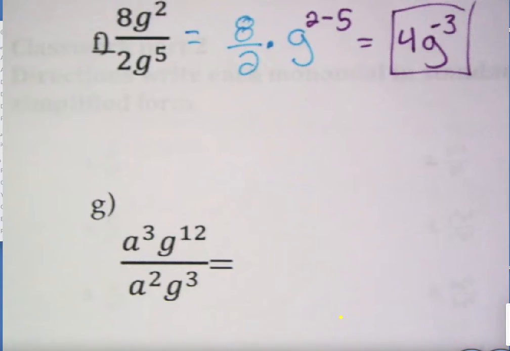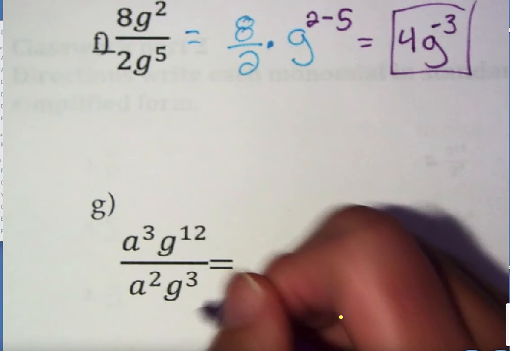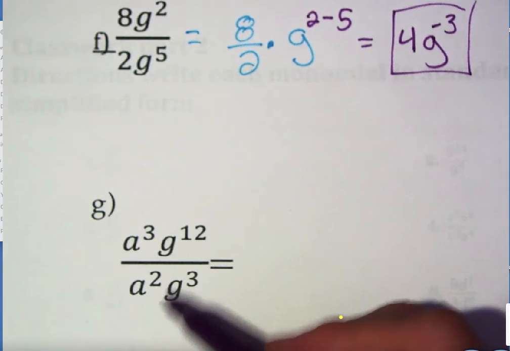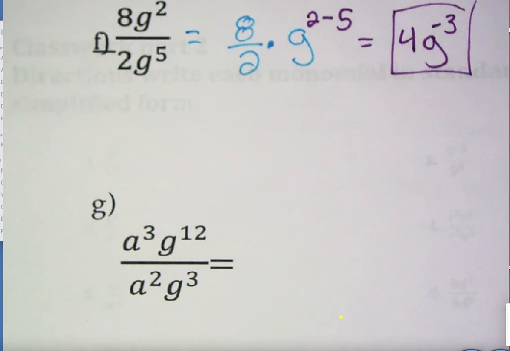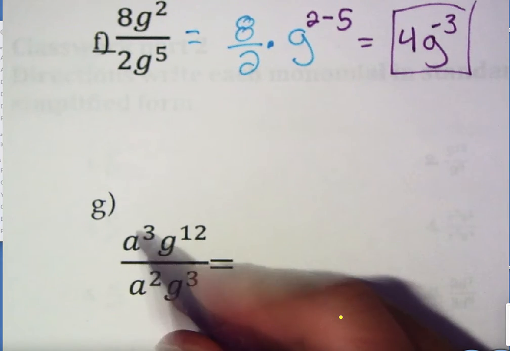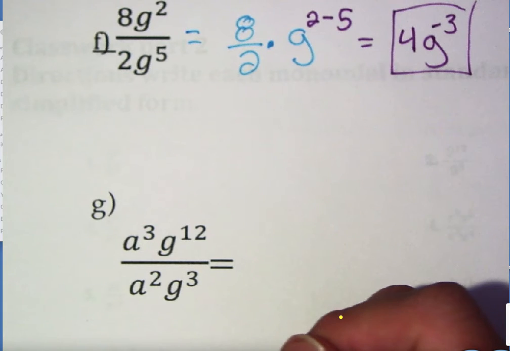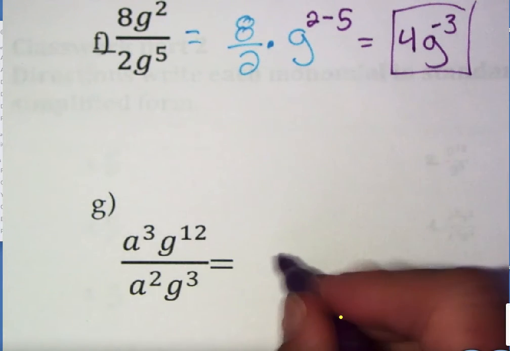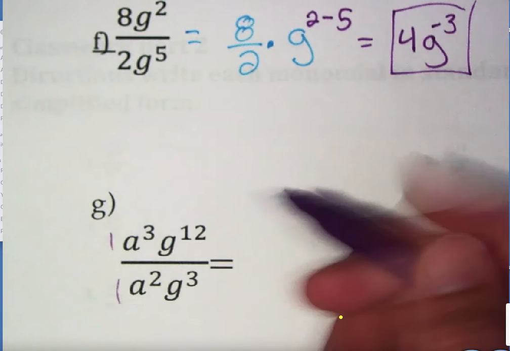Okay. Another one. Now we might have multiple bases with exponents. We just got to make sure we follow the rules. So we're going to keep, well, technically it's 1 and 1, but we don't need to.